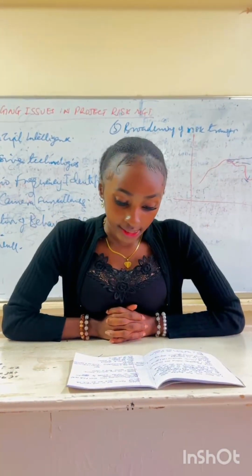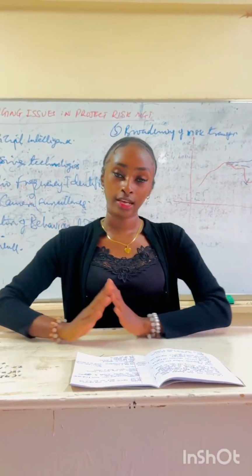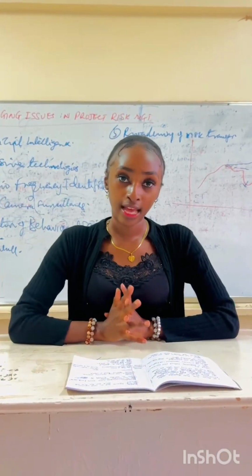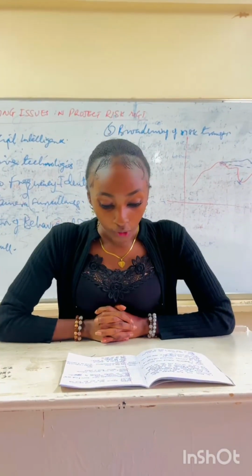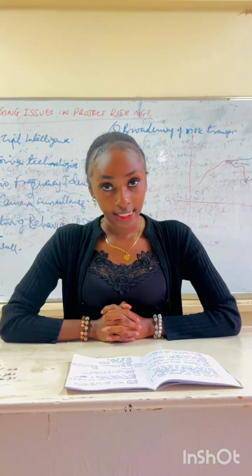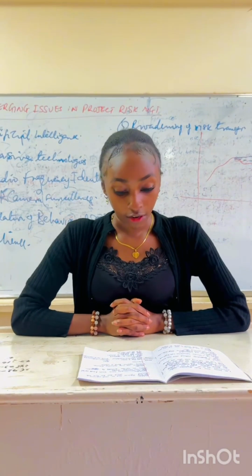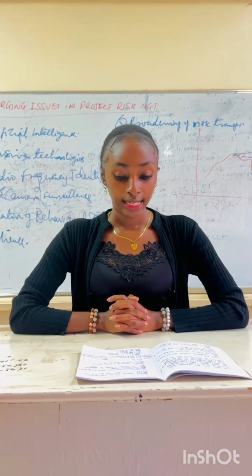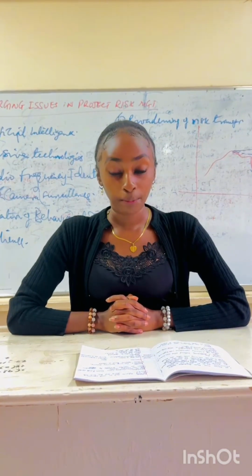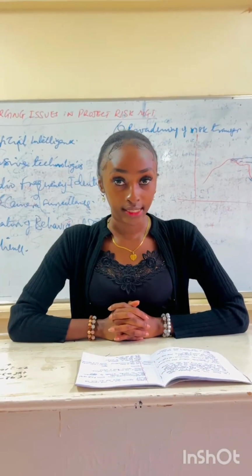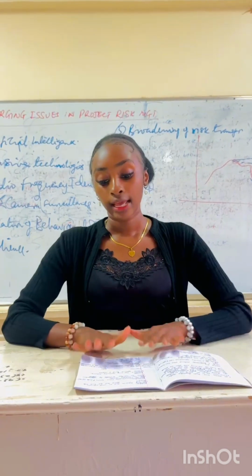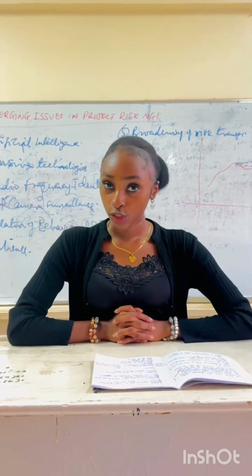Their importance: they are harmful and also useful. I'll start with the harmful. Tapeworms cause illness in humans, and also liver fluke affects livestock, which leads to lower production and lower yield. Next, I'll go to the useful.